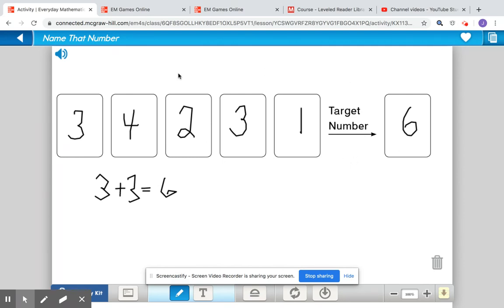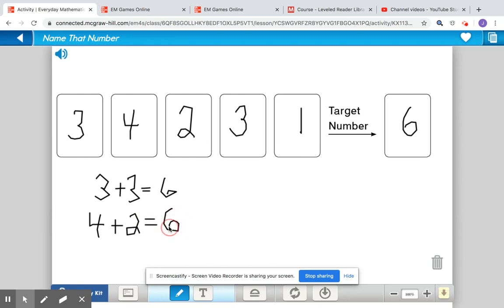And then I can look again, and I know that 4 plus 2 equals my target number of 6. So that's what it's asking you to do in this lesson.